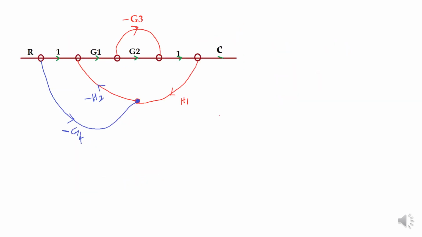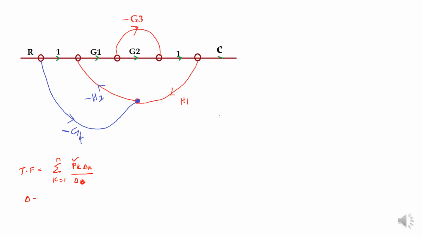Write the formula for transfer function, that is summation k equal to 1 to n, Pk delta k divided by delta. Pk is the forward path gain, delta k is the same as delta but not touching the kth forward path.